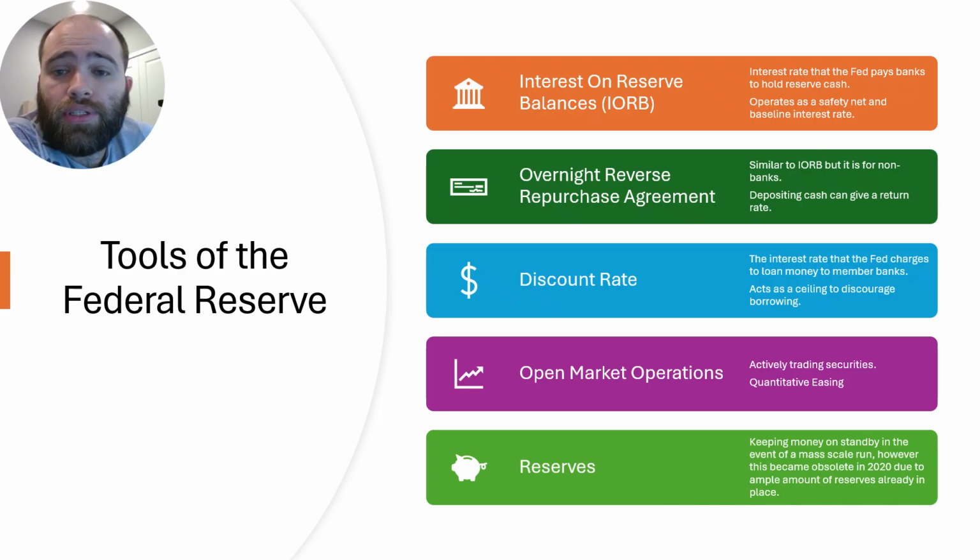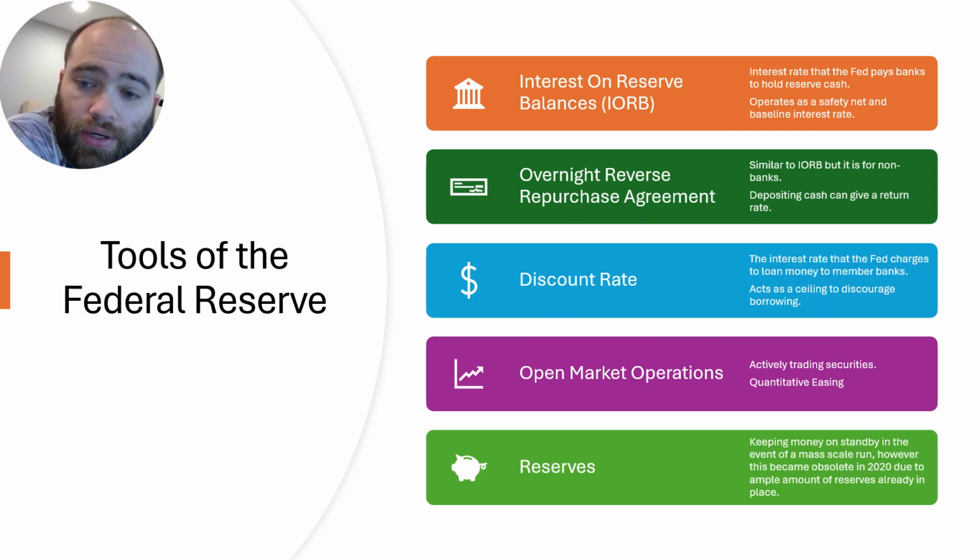Obviously, the first one is the interest on reserve balances, which is where the banks can hold a reserve and they get interest from the Federal Reserve in exchange for holding those reserves. We have an overnight reverse repurchase agreement, which is where non-banks can deposit cash in exchange for a rate of return.